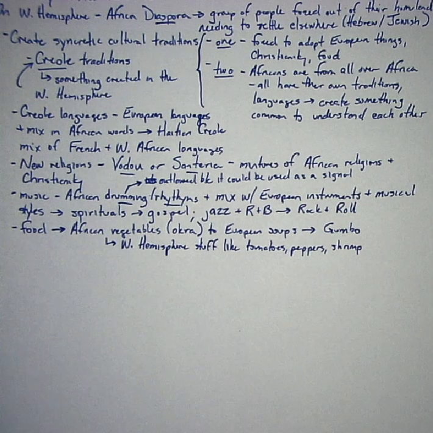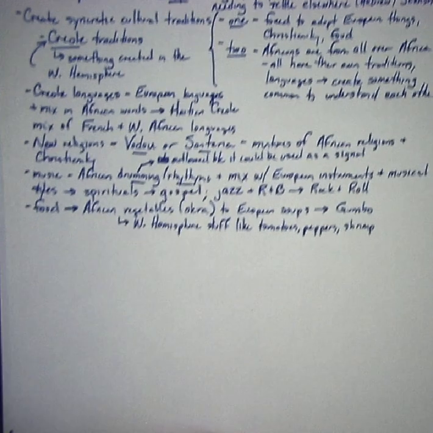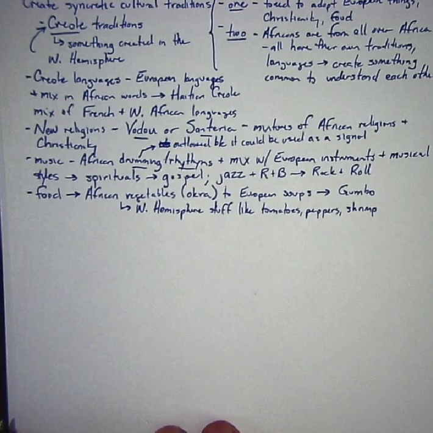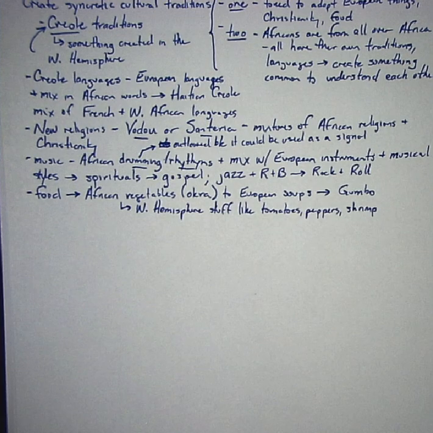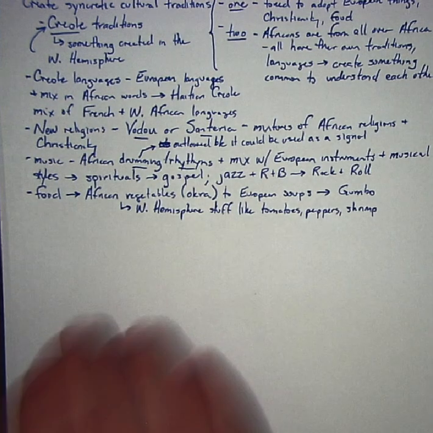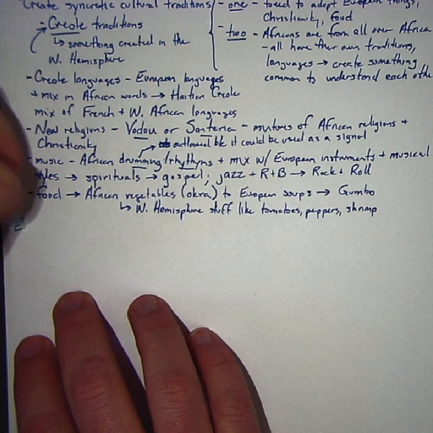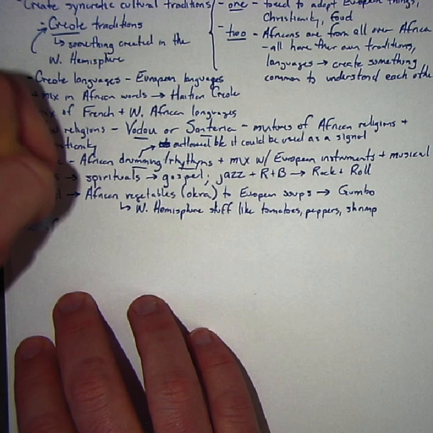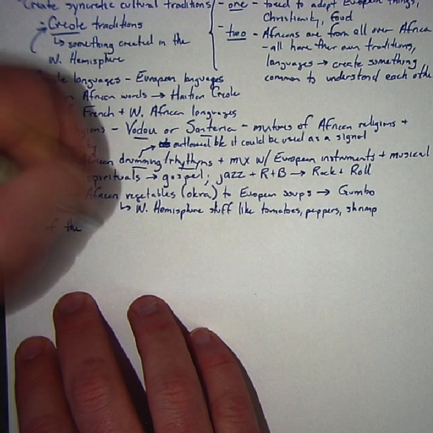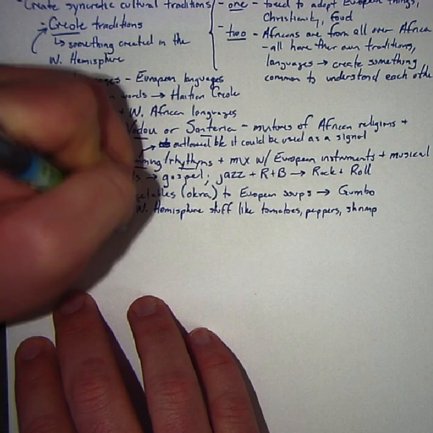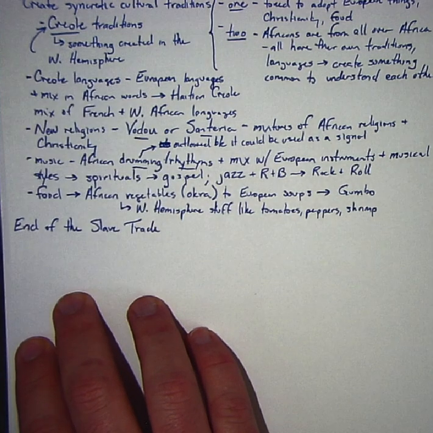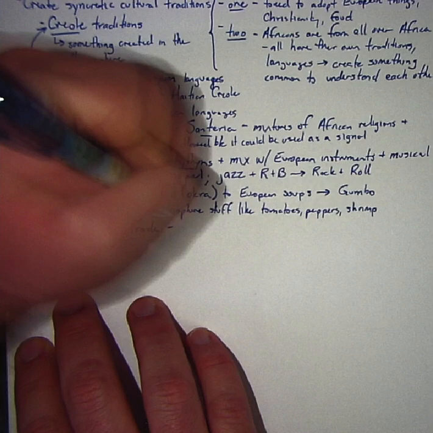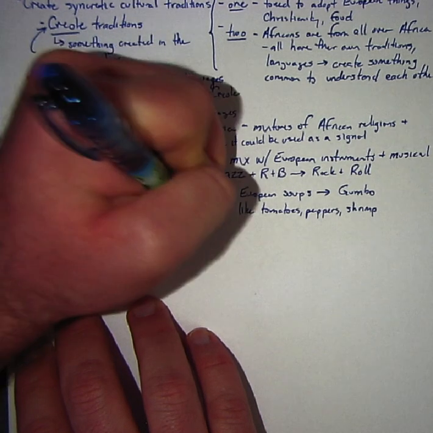The last thing that I want to look at, and this will be something that we come back to when we get to time period 5, is the end of the slave trade. Why did the slave trade end? And what we'll notice is that there are lots of reasons.